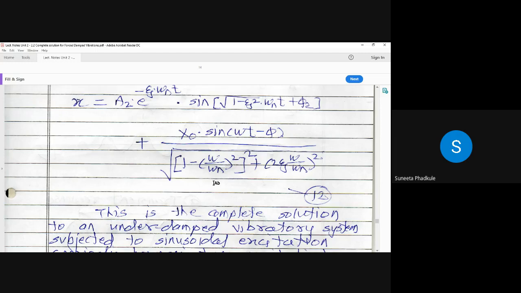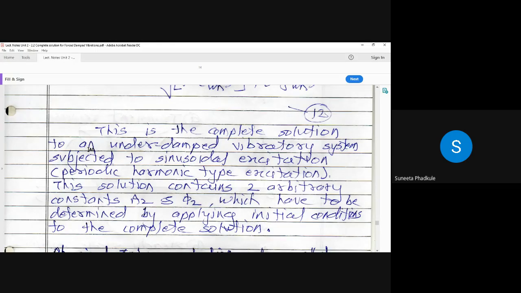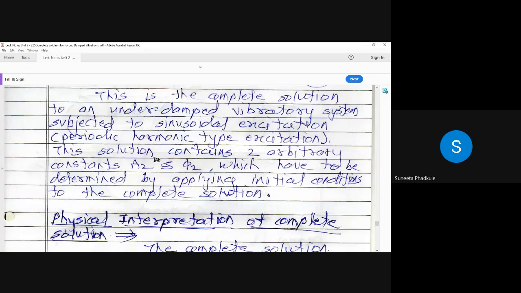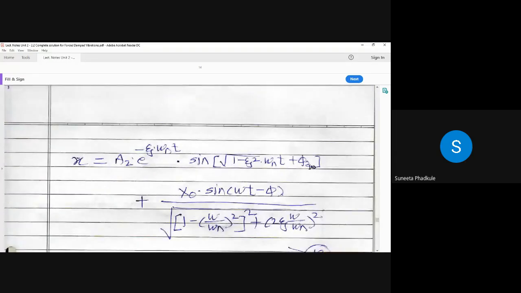Okay, so this is the complete solution of an underdamped vibratory system subjected to sinusoidal excitation, which is a harmonic periodic external excitation force. This solution contains two arbitrary constants, A2 and phi 2. See here, this is A2 and this is phi 2. These are the two constants applicable to the whole equation.